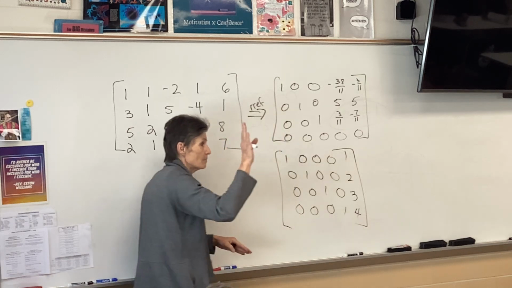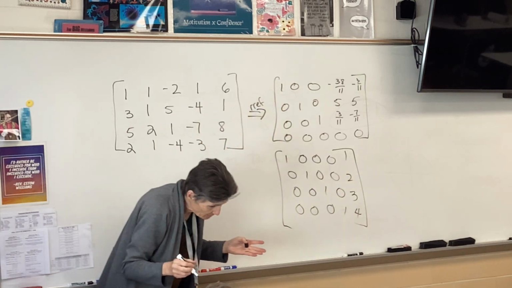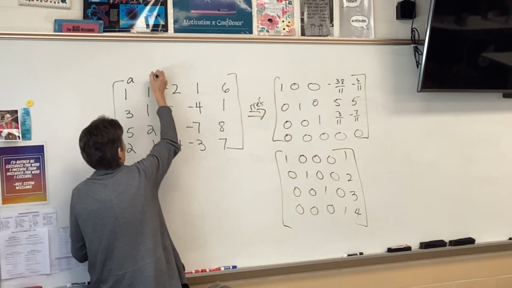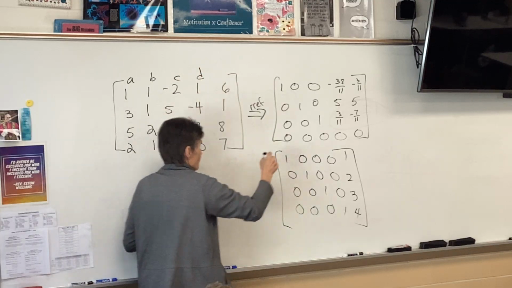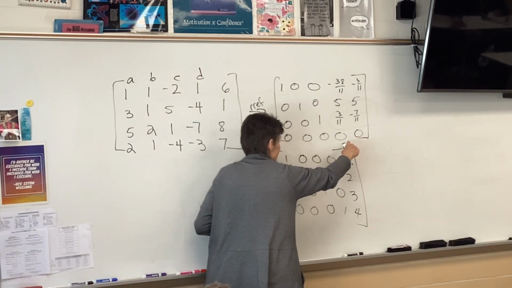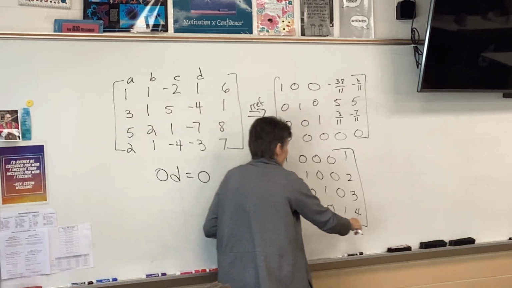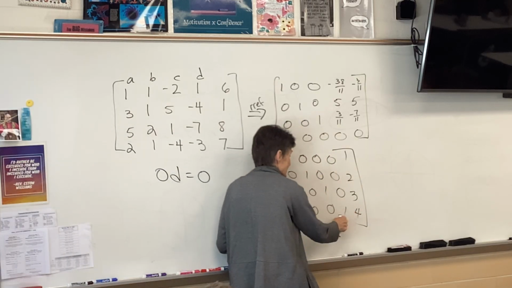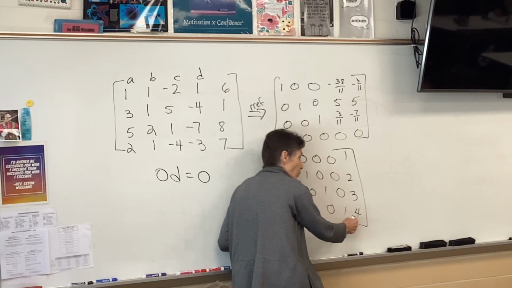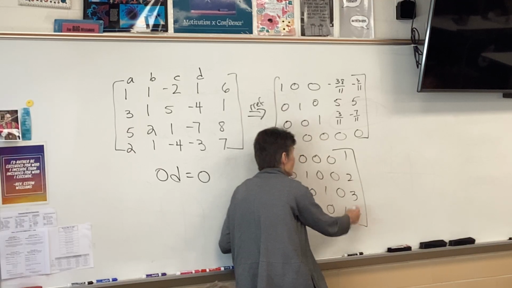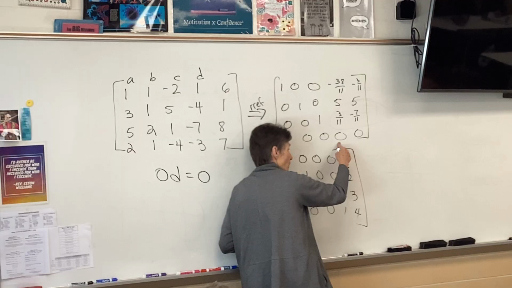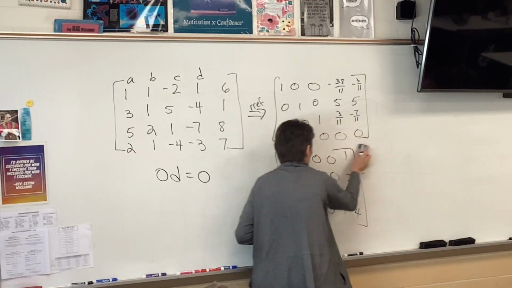There's no Z, whatever, that D, yeah, this is A, B, C. So this literally says 0D equals 0. This one would say D equals 4. 1D equals 4. This says 0 D's equals 0.